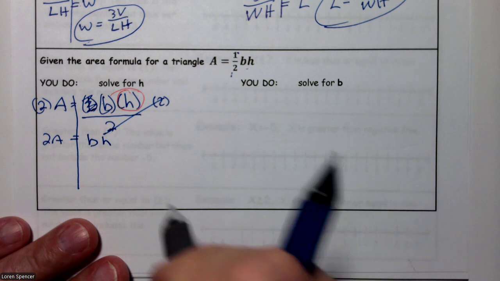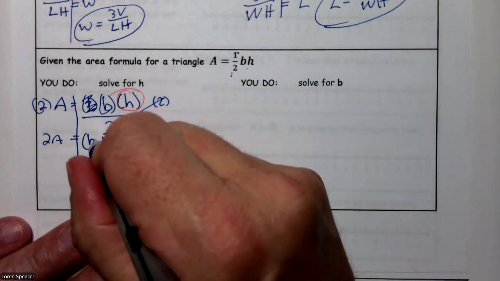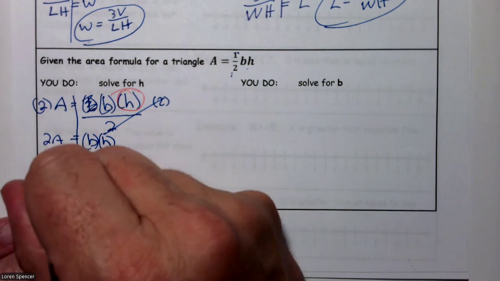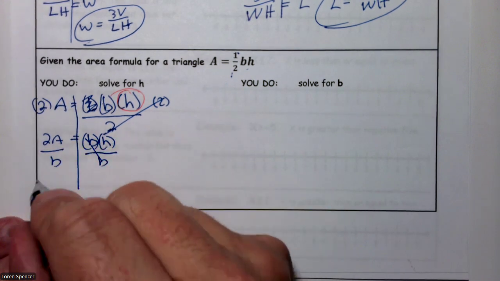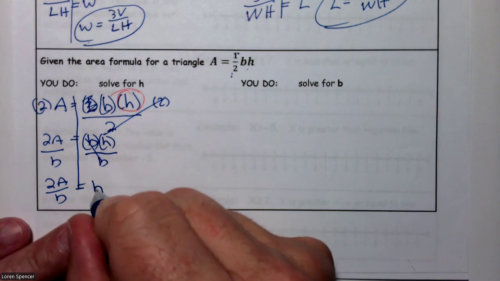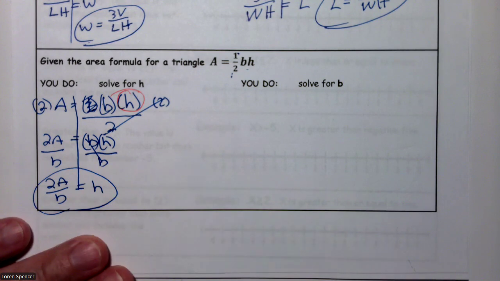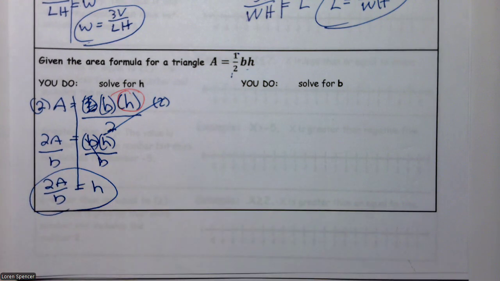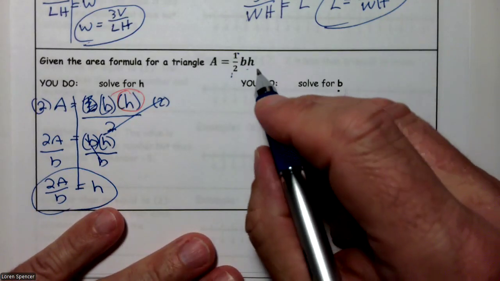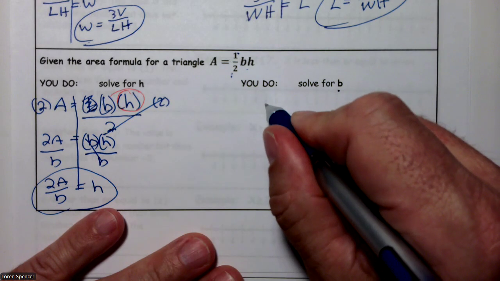We still want that h, and these things are being multiplied. We undo multiplication by division. So we end up with 2a over b equals h. And same problem, but we want to solve for b. Well, this is the same thing we just did.